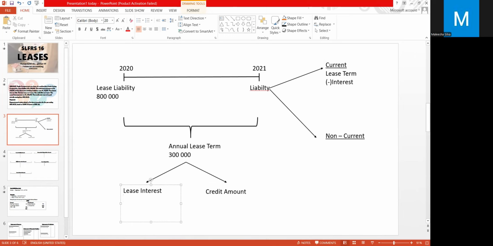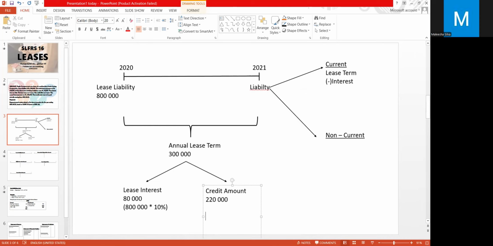The interest is calculated on the opening balance of the lease liability, 8 lakhs into 10%, 80,000. The credit amount is the annual lease payment minus the interest portion, 3 lakhs minus 80,000, then 220,000.